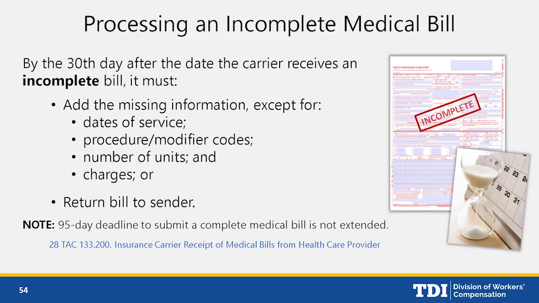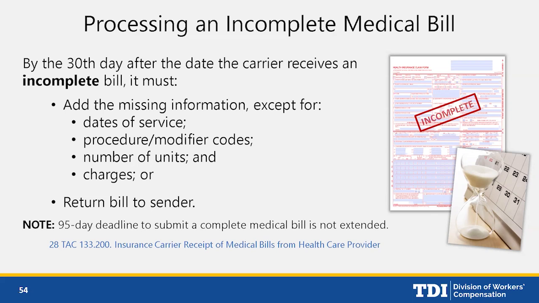So for example, when the healthcare provider doesn't know the work comp carrier claim number, the insurance carrier should not return the bill because this is information that they should have, and also because it's not required if unknown, and the healthcare provider can leave that field blank. Another example is when the healthcare provider doesn't include a social security number on the bill.